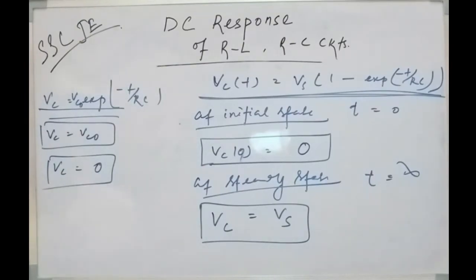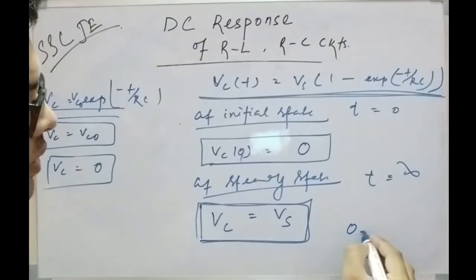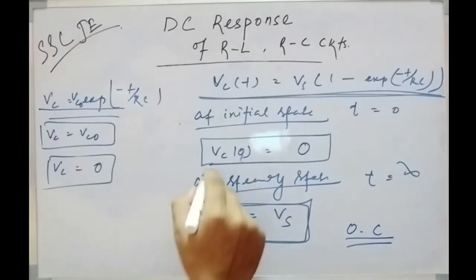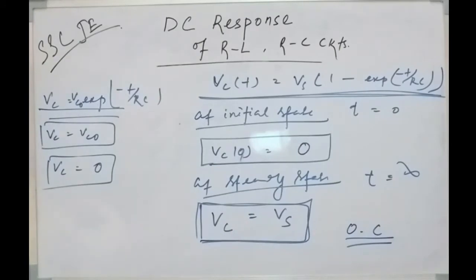So where there is a source, at steady state the capacitor is achieving the highest voltage, that is same as the source voltage. That means at that condition the capacitor will act as an open circuit. At the initial state Vc you are getting as 0, that means there is no voltage.